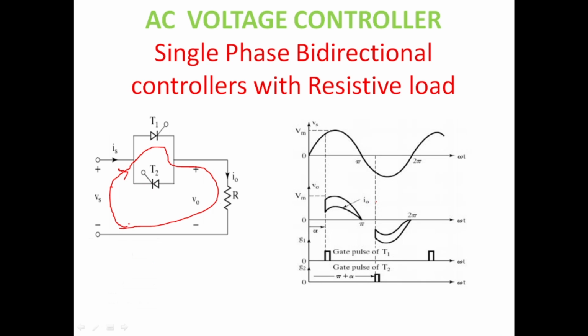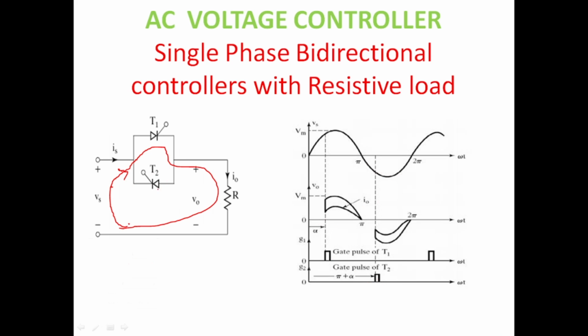Then in the next half cycle, the negative half cycle, we fire T2 somewhere here. If we fire thyristor T1 at alpha, we need to fire thyristor T2 at pi plus alpha. Then T2 conducts.